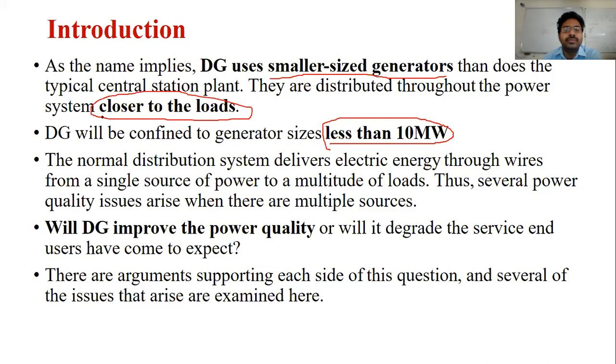That may be small diesel plants, gas plants, battery storage systems, solar plants, wind energy, whatever it may be. You may also synchronize these units with the grid.